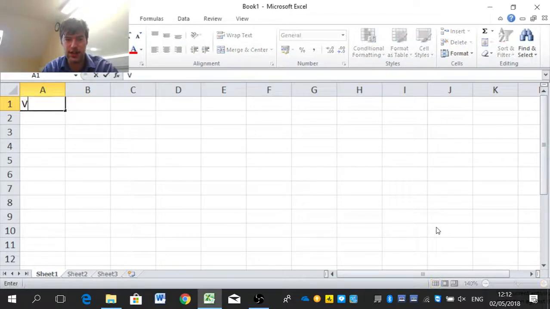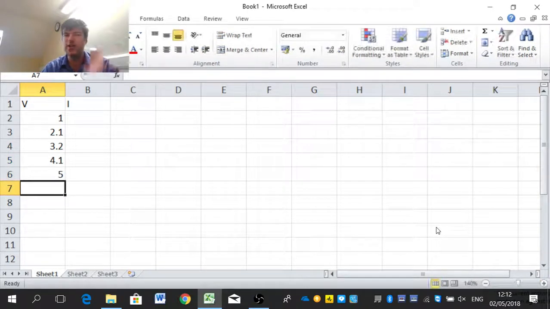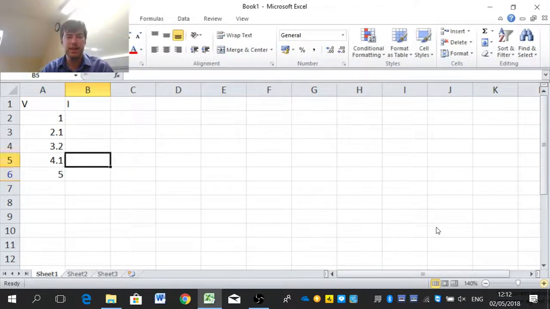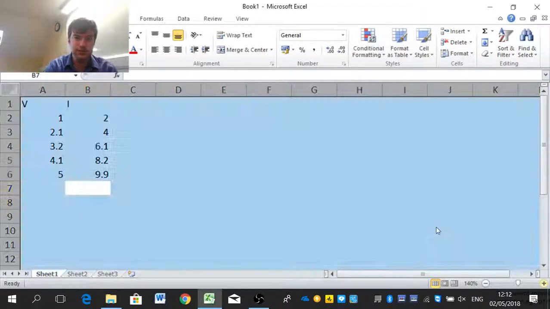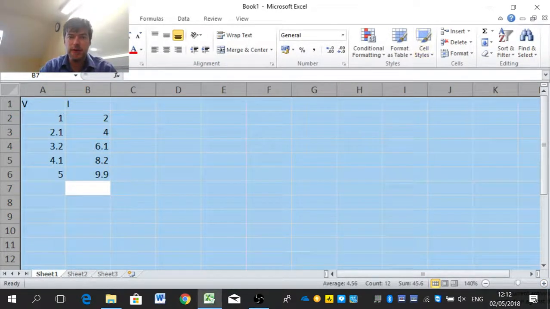We have here V, that's on the X, and I, which is on the Y. Let's keep it easy. For V: 1, 2.1, 3.2, 4.15. I'll only use 5 numbers. And then for the I, I'll have 2, 4, 6.1, 8.2, 9.9. As an example.